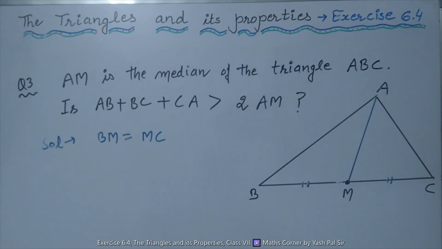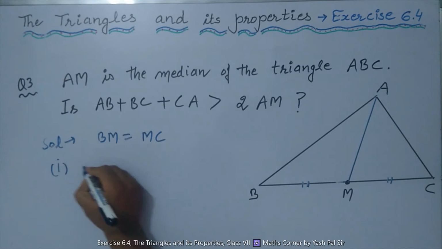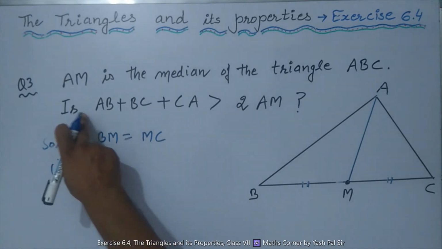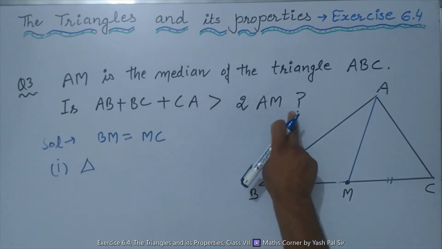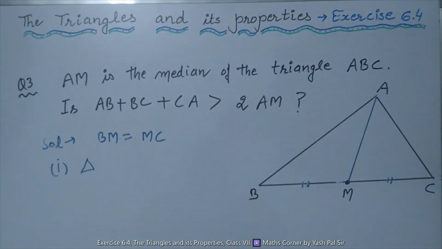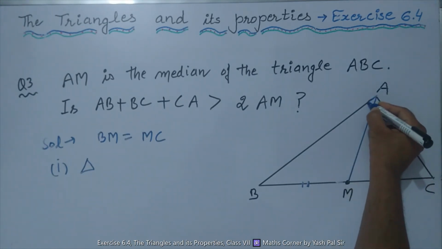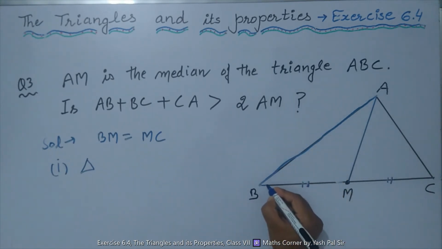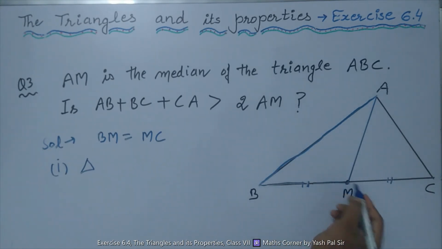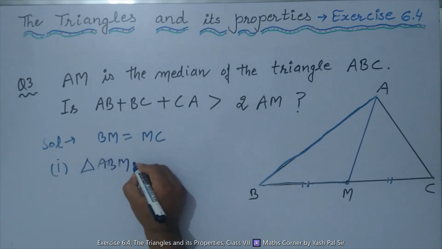Now what do we do? We have to check: is AB plus BC plus CA greater than 2AM? First of all, we take the triangle ABM.